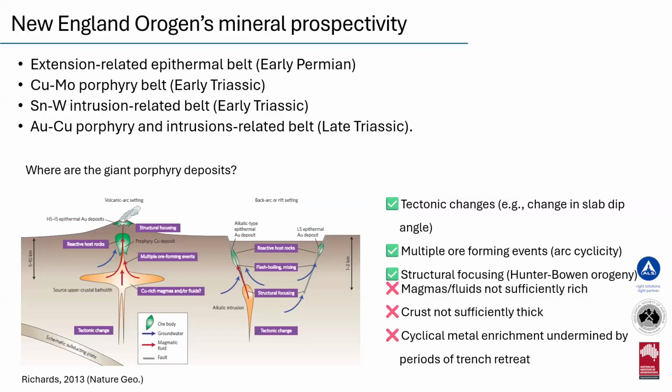So in the New England, as you say, the problem is that it's part of the Tasmanides. If you think about the Tasmanides, it is a long history of subduction, but it's stretched over a huge width across the orogen.